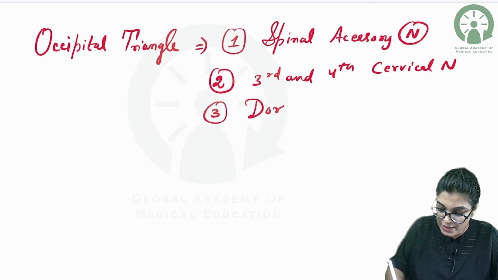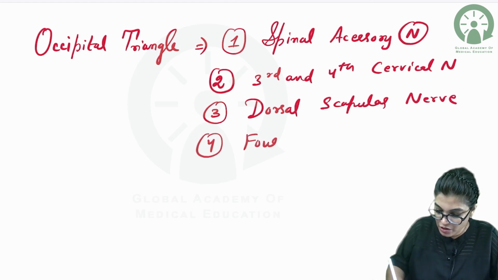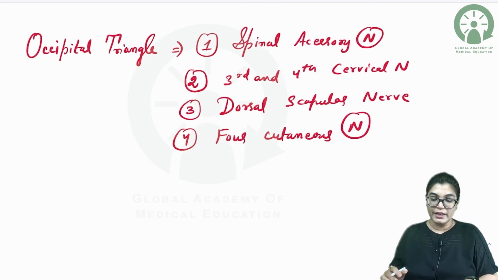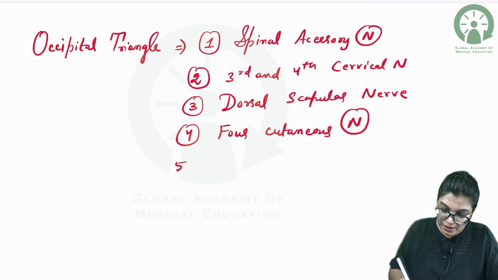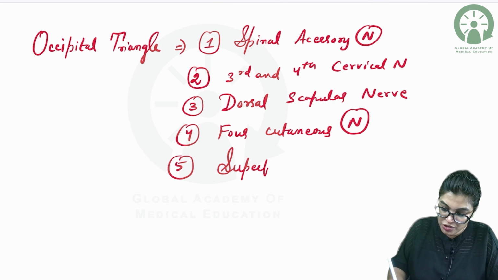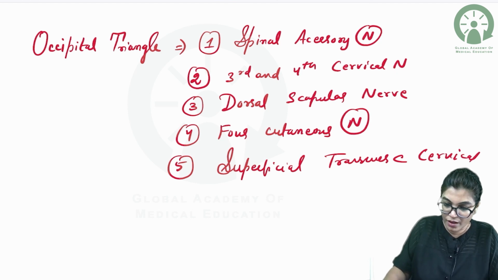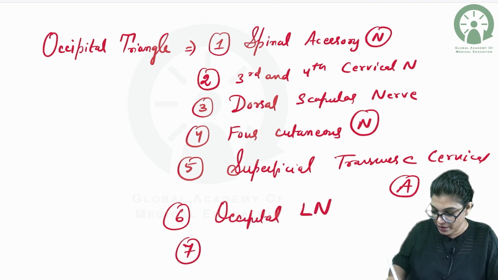Then we have dorsal scapular nerve, the four cutaneous nerves, which I have already told you, great auricular, transverse cervical, supraclavicular and the lesser occipital. Then superficial transverse cervical artery, and occipital artery and lymph nodes.